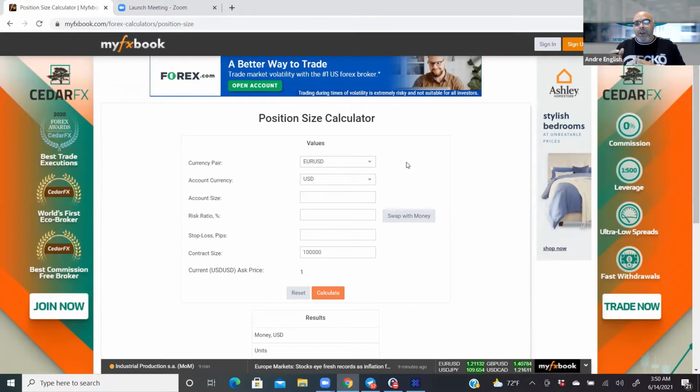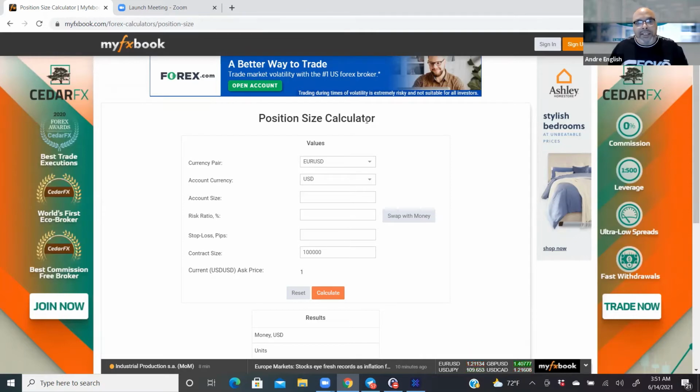And so what we want to do is we actually want to get more specific than that so that we can actually position ourselves to make as much money as possible and to lose as little money as possible, right? And more importantly, so that we can actually position ourselves properly to be able to make as much money as possible and lose the same amount as if we didn't, right? That's the important thing.